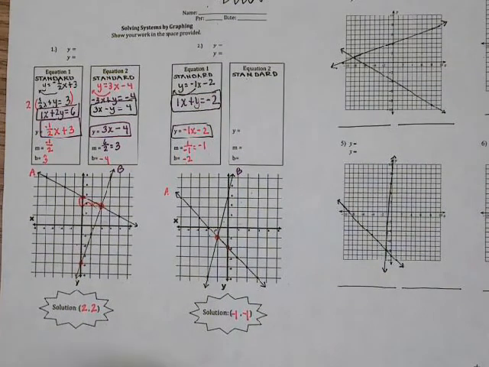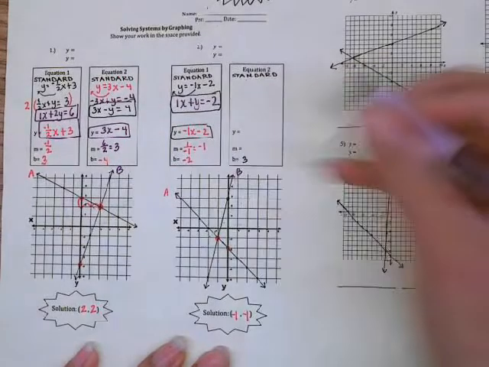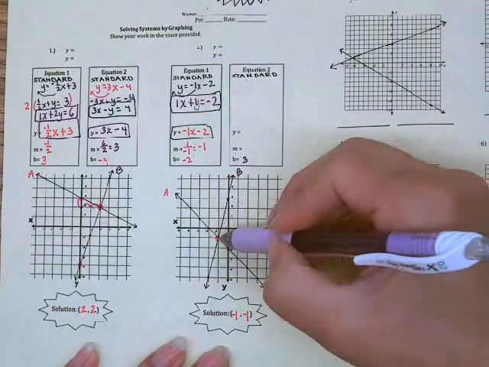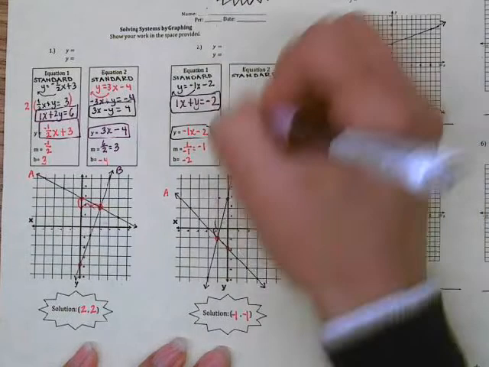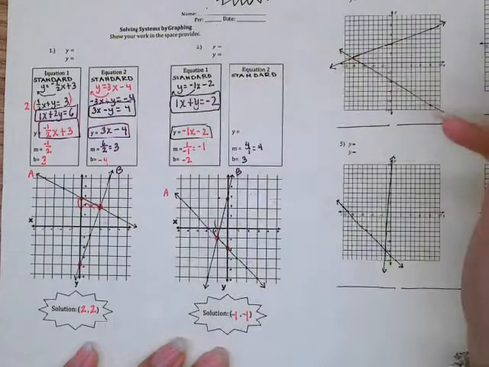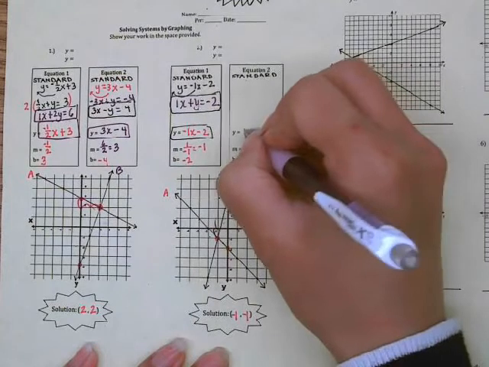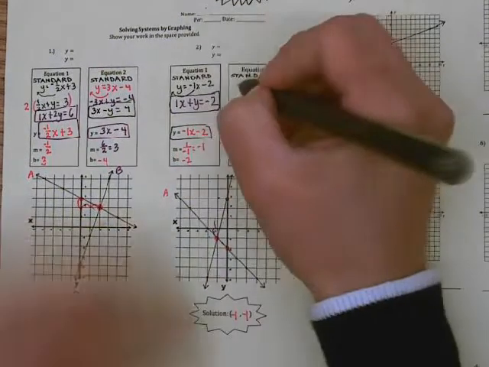And then I'm going to do that again, but for line B. So the y-intercept of line B is 3. The slope, if I use this point and this point, I'm going to go up 1, 2, 3, 4 over 1. So 4 over 1 is just 4. So my equation, y equals 4x plus 3.